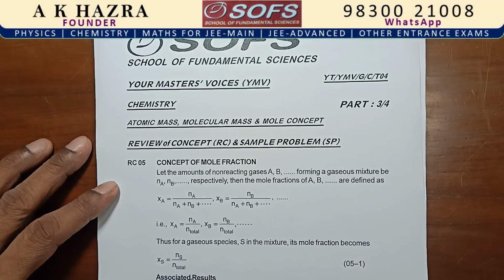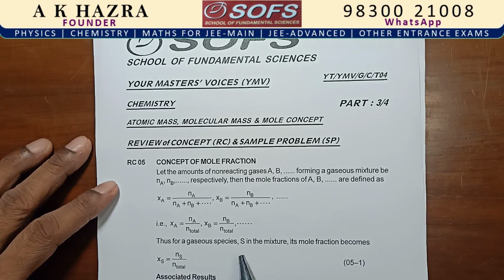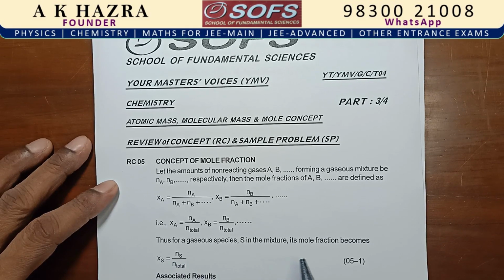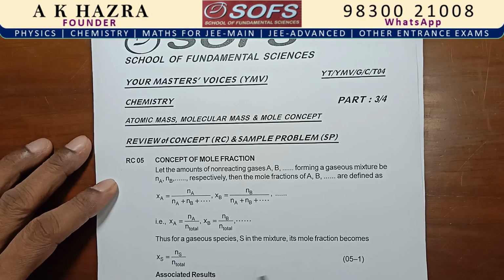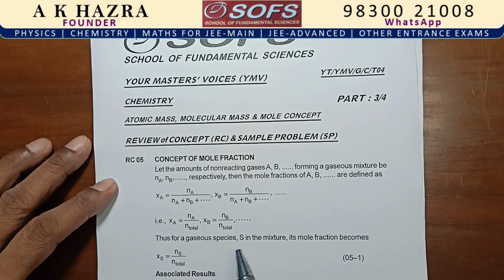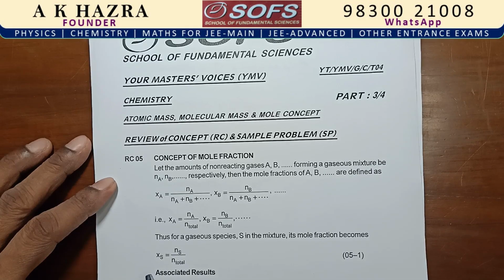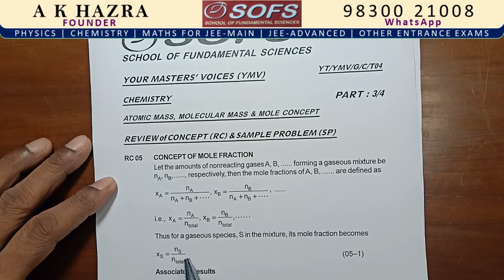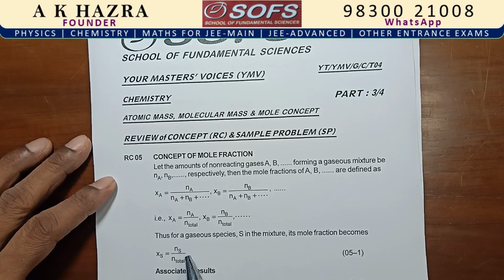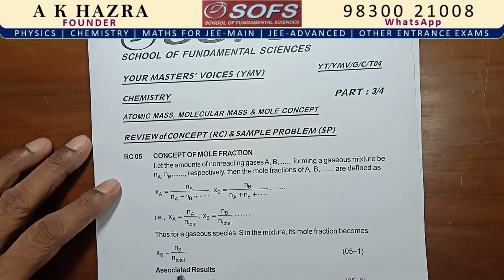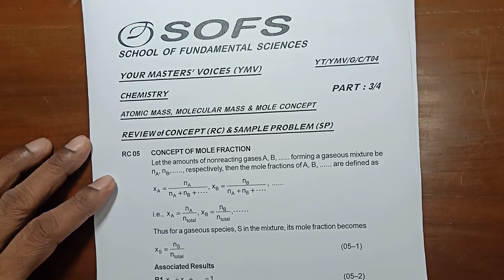So in general terms, for a gaseous species S in the mixture, the mole fraction of the species S, XS, equals NS, the number of moles of S, divided by total number of moles of the mixture.